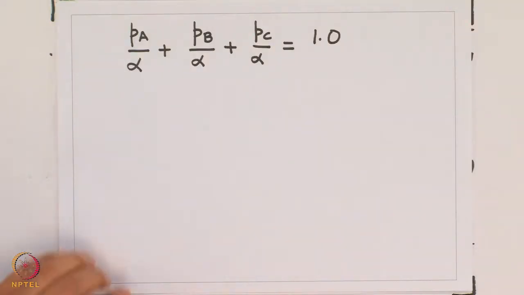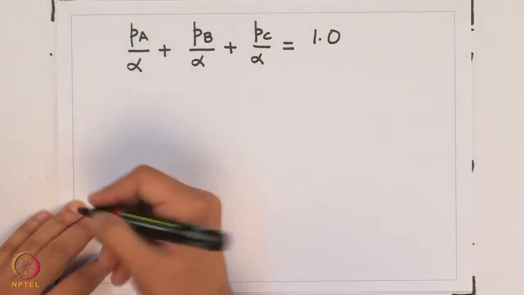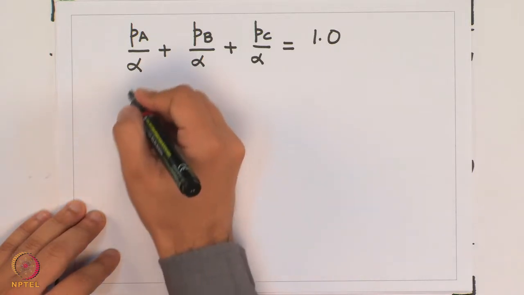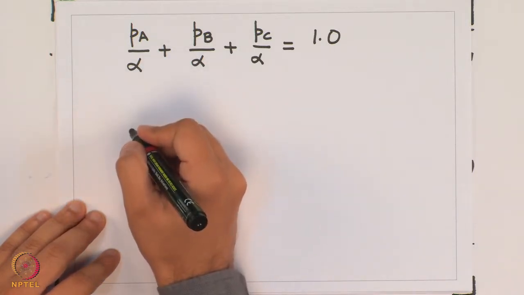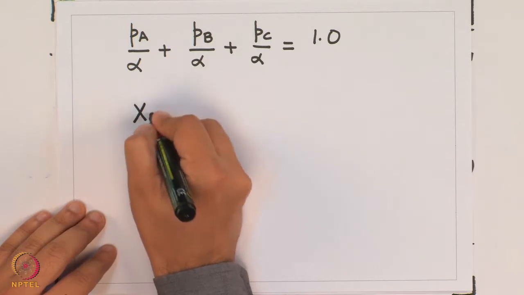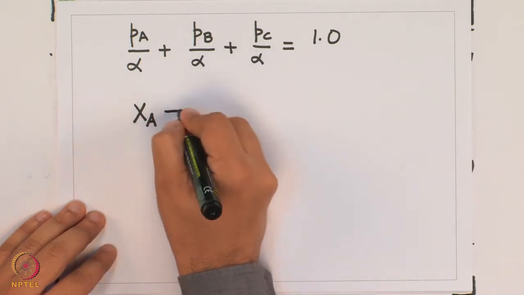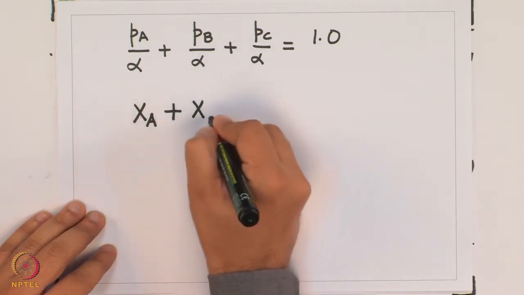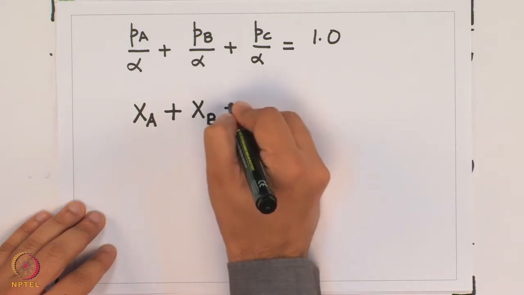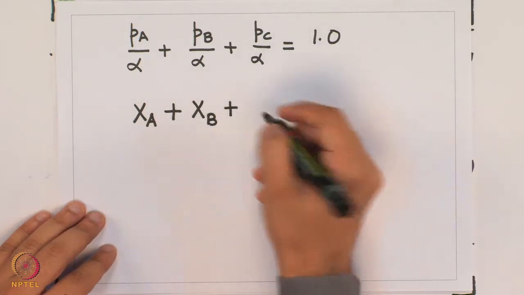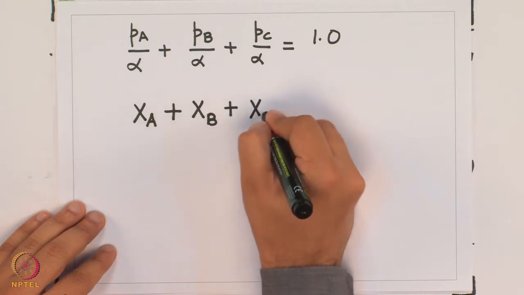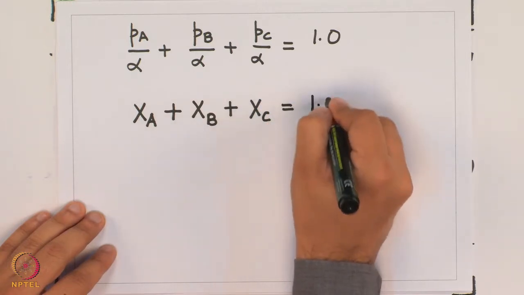So, I am going to write this in this graphical representation of species. PA by alpha for any point P will represent XA, PB by alpha for any point P will represent XB, and PC by alpha for any point P inside this triangle is going to represent XC, which is equal to 1.